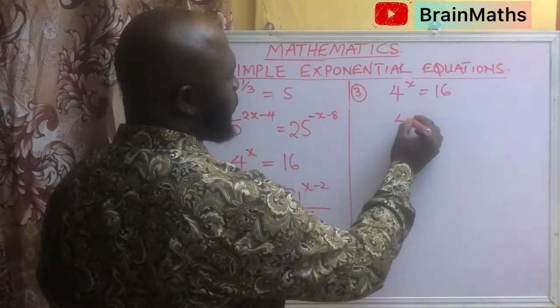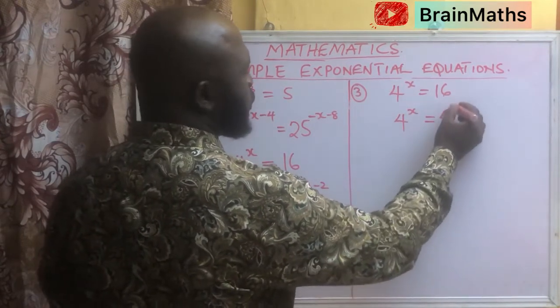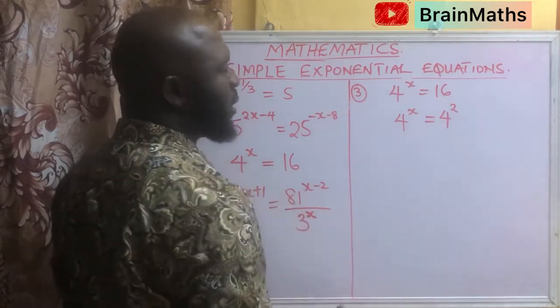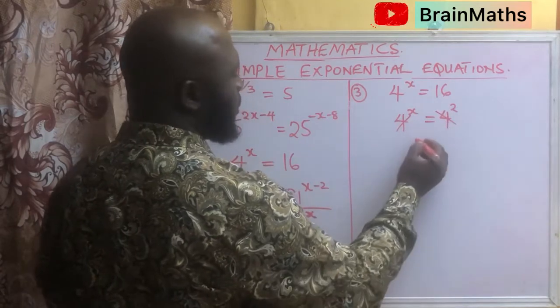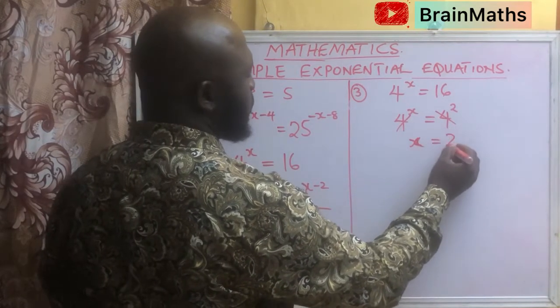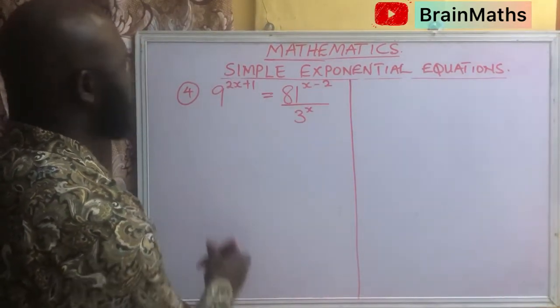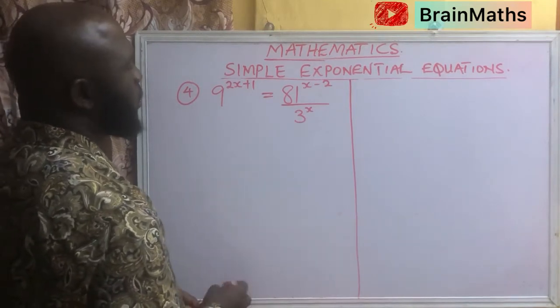So we have 4 raised to power x on the left and 4 raised to power 2 on the right. The two of them have the same base numbers, so they can go by elimination, and we have x equals 2.